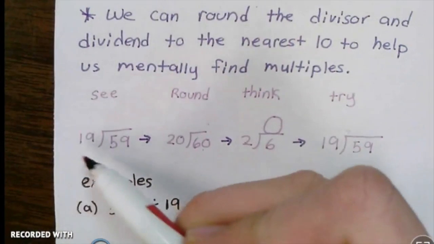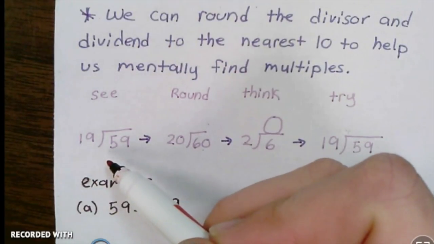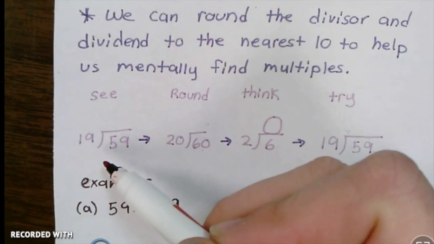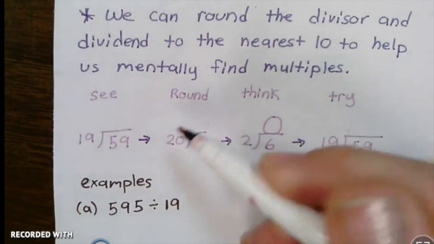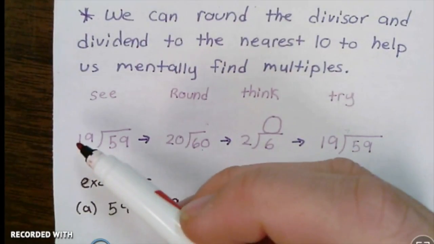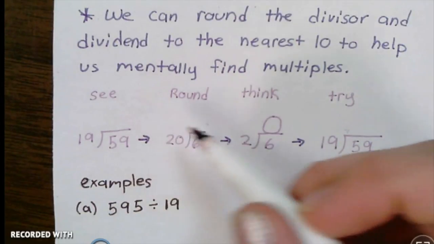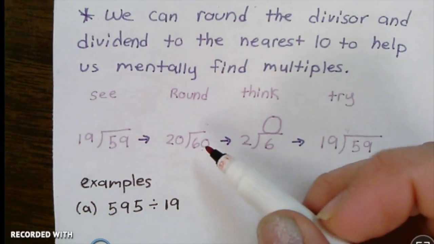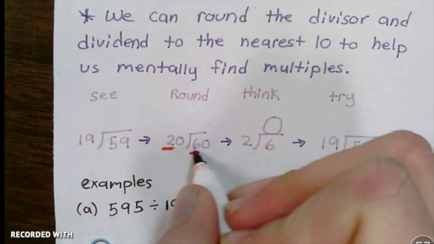So we see 59 divided by 19. And I think to myself, I have no idea how many times 19 goes into 59. Well, what I should do is mentally, these steps are going to happen in your head. Mentally, I'm going to round 19 to 20 and 59 to 60. And then I'm going to use our little ones trick where we look at just the first digits.